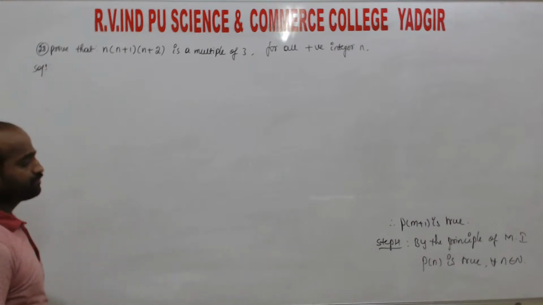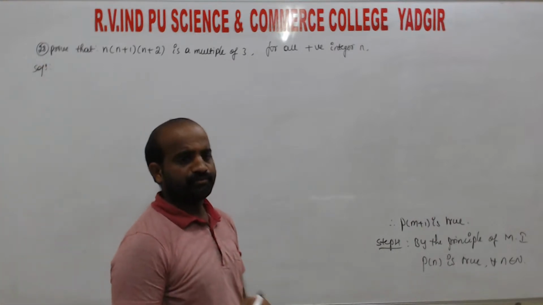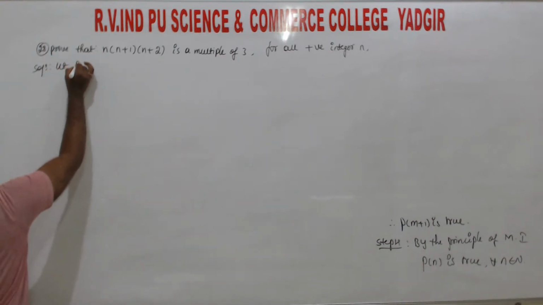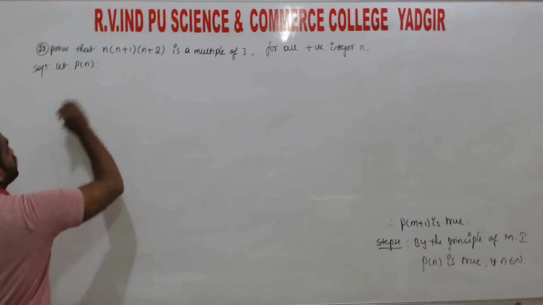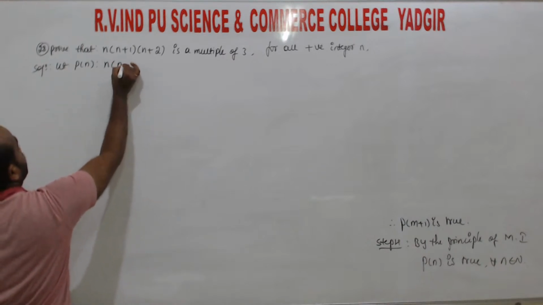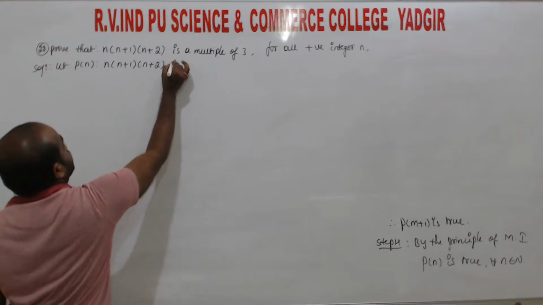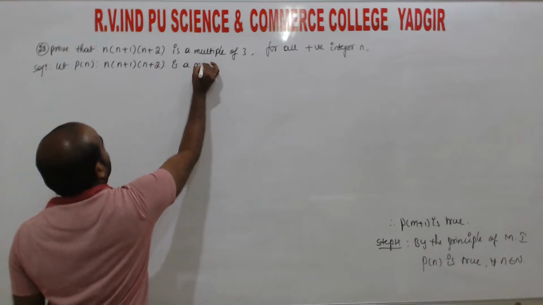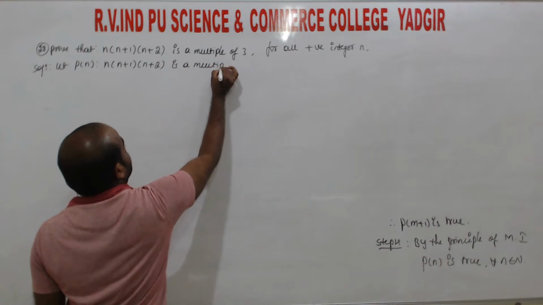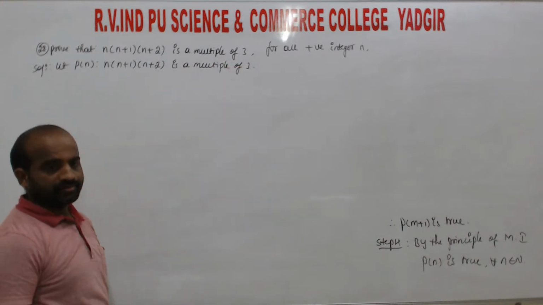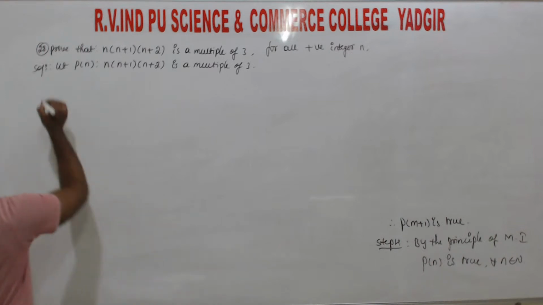Same procedure. First you have to define P of n: n into n plus 1 into n plus 2 is a multiple of 3.